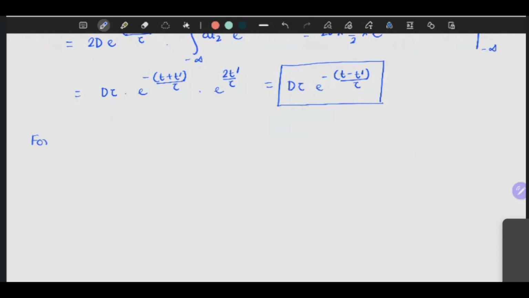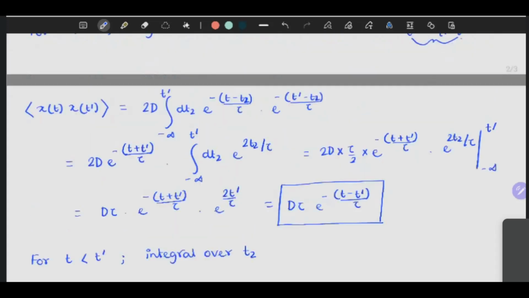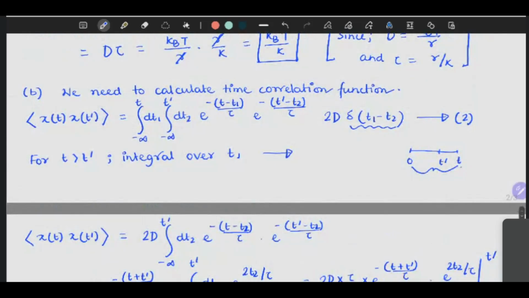Now similarly, if you do this for t less than t prime, then the integral over t2 needs to be done first, this one.